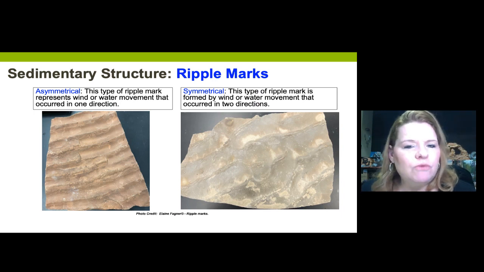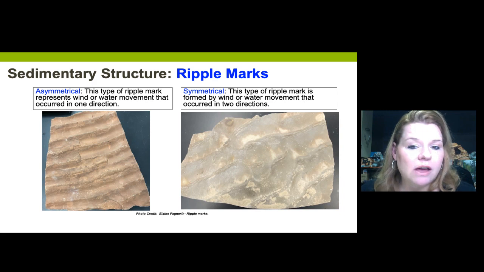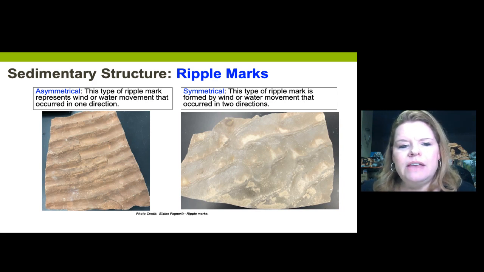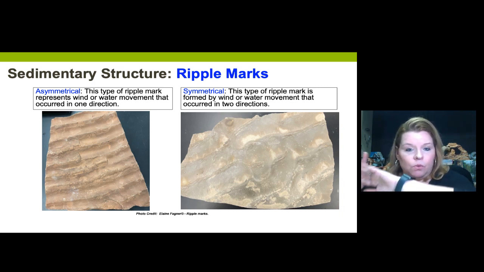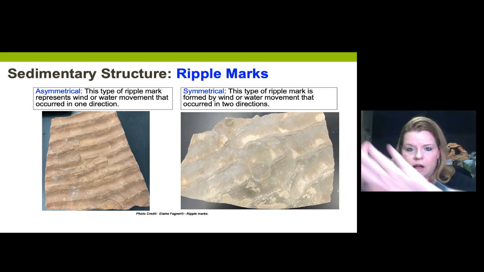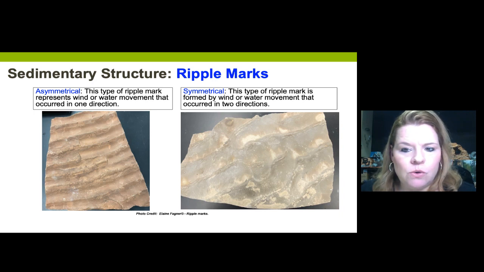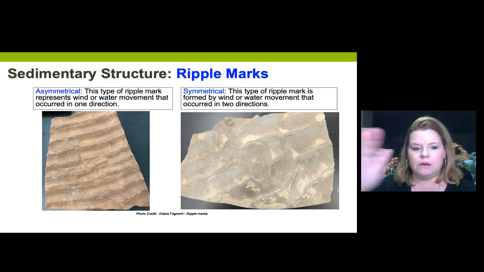So when you see ripple marks, there are two different types, asymmetrical and symmetrical. Asymmetrical means that the water moved in one direction, or the wind, just moved this way instead of oscillating back and forth. If you get oscillating types of ripple marks, that is symmetrical. That means you had it going in two directions, so it didn't just wash one way, it washed the other way.